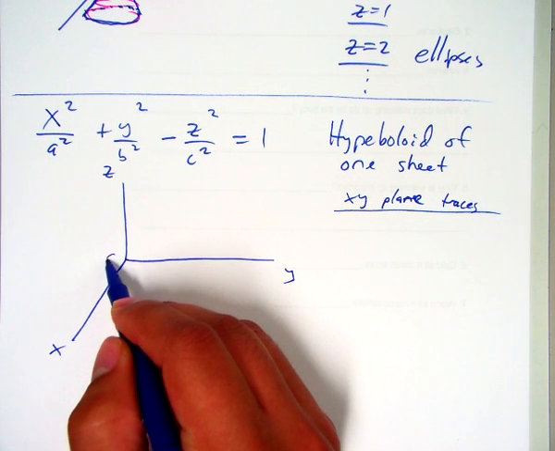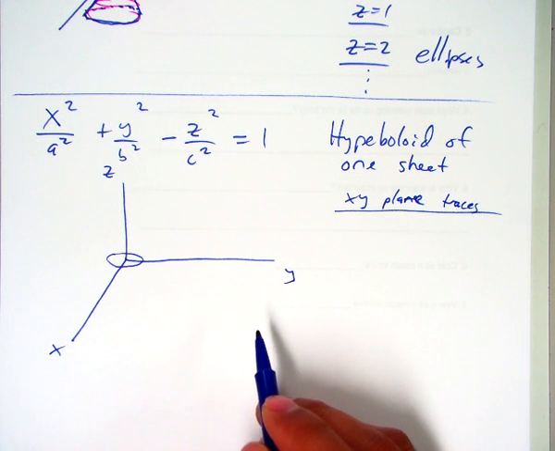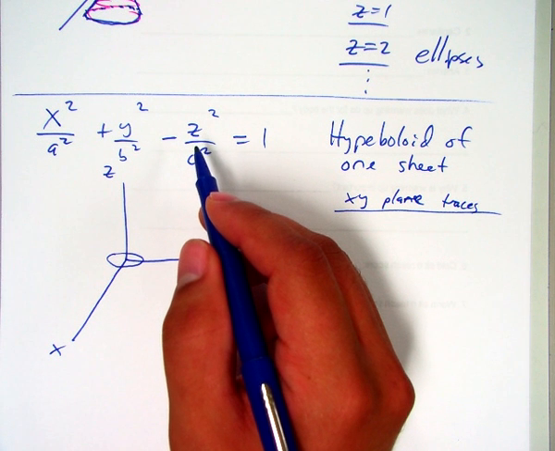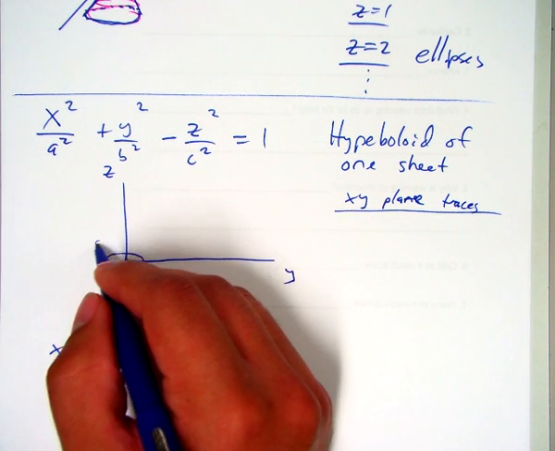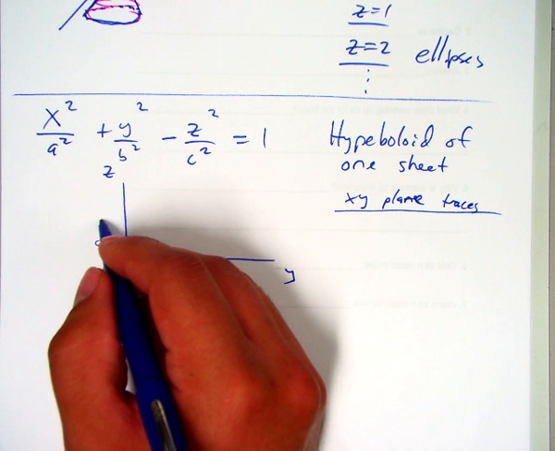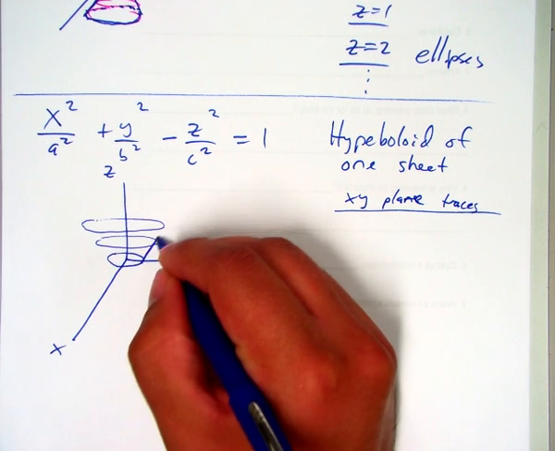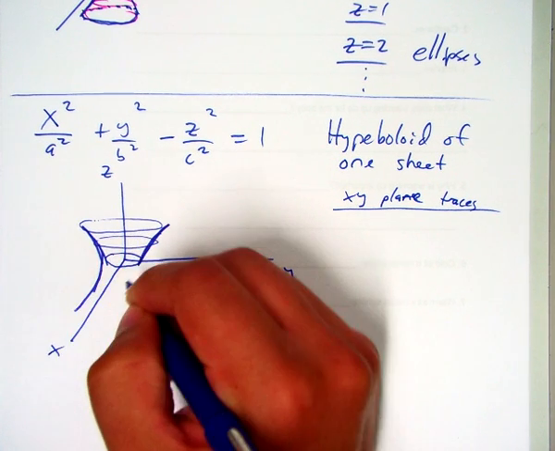Now you actually have some kind of ellipse already in the xy plane. Then as you increase z, whether it's positive or negative, you just increase the radius of the ellipse. So your traces look something like this, in both directions. So basically the surface looks something like this.